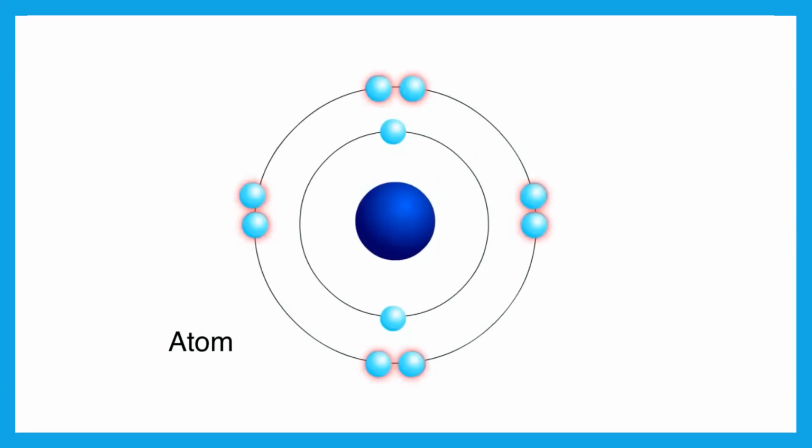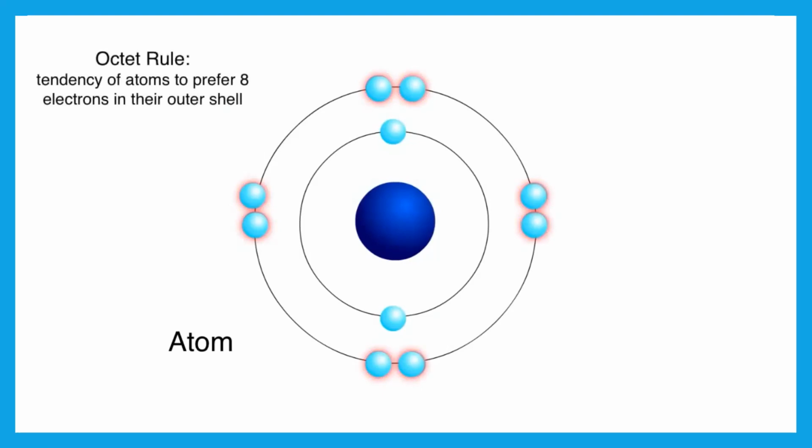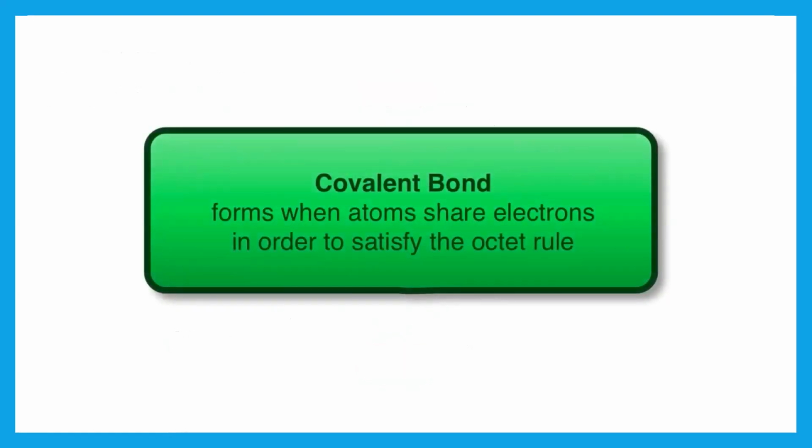Atoms that have an outer shell containing 8 electrons are considered chemically stable. We often say they fulfill what is called the octet rule. When atoms combine to form compounds, they can give up, accept, or share electrons in order to assemble an octet of electrons in their outer shells. A covalent bond is formed when atoms share electrons in order to satisfy the octet rule.